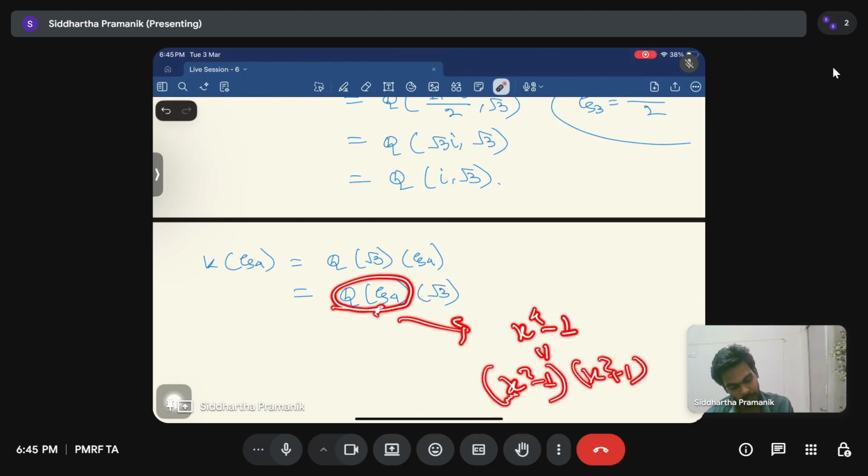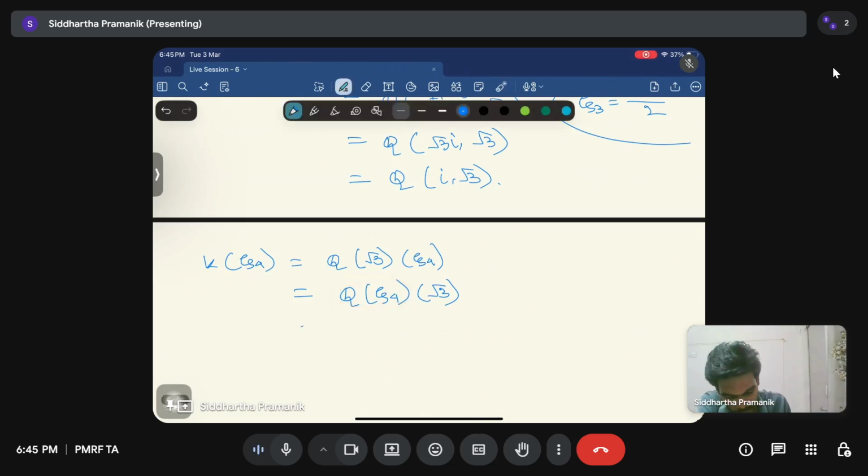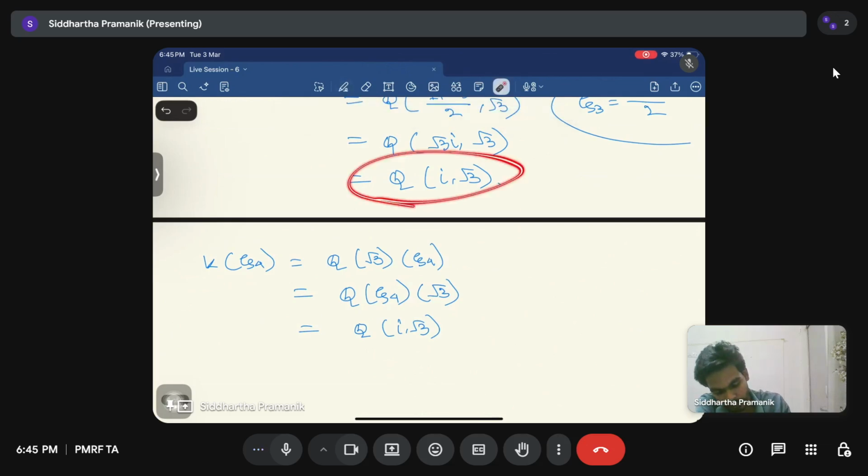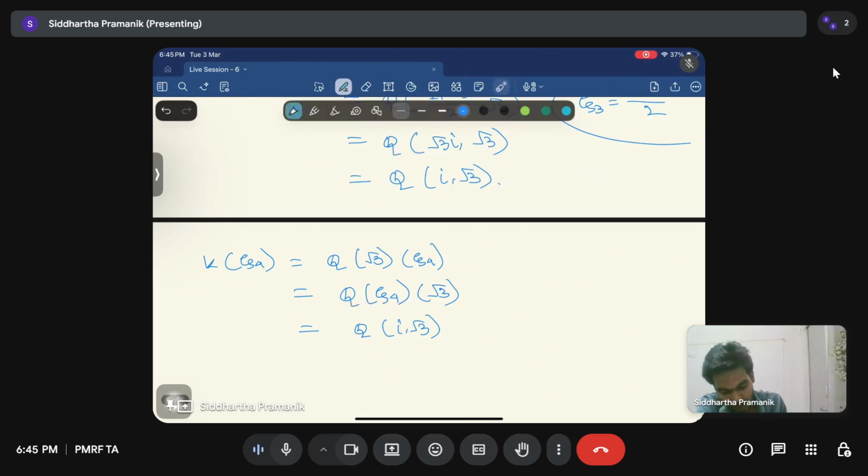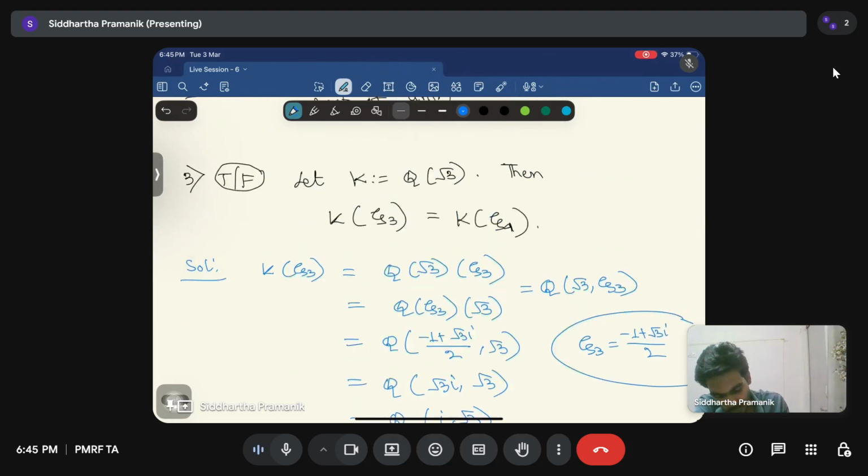We already know the primitive fourth root of unity is just iota. So this is simply Q adjoint iota comma root 3, and this is the same. So this one is easier. They have to be equal. So this is true.